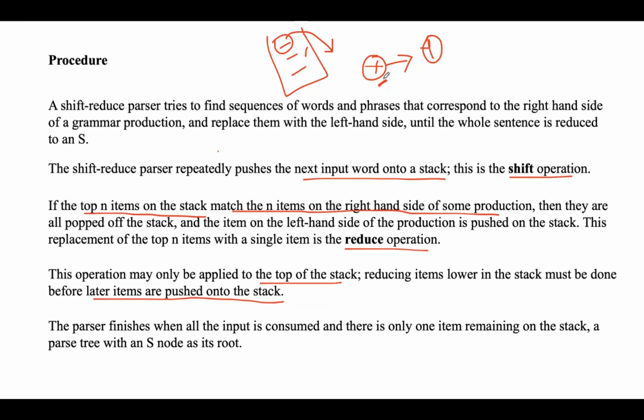This process is repeated until all the input is consumed and there is only one item in the stack. What is that item? At the end, the stack contains only the root node S. Till then you need to repeat this process. You'll get a better idea of this when we see it with an example.